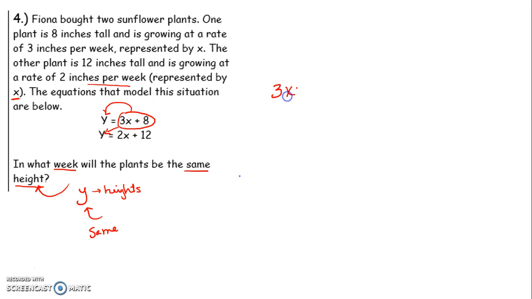If I know Y equals 2x plus 12, and Y also happens to equal 3x plus 8, I substitute that in place of Y, and so I have 3x plus 8 equals 2x plus 12. When I set the two equations equal to each other, I'll find out how many weeks they will have the same height. All right, so at this point, it's no longer a system of equations.